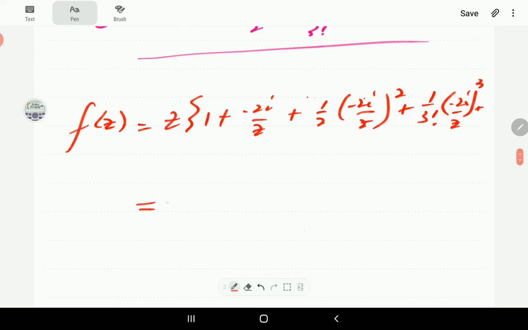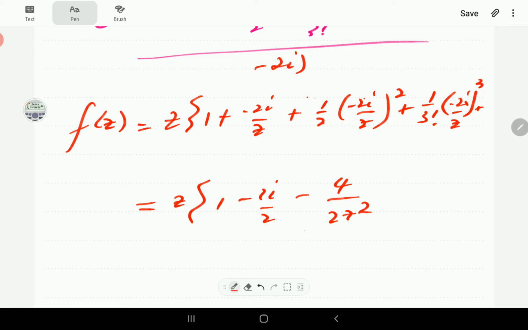If we simplify these, we're going to have 1 minus 2i over z. Then here negative 2i squared is negative 4. So this is going to be minus 4 over 2z squared. And then negative 2i cubed.